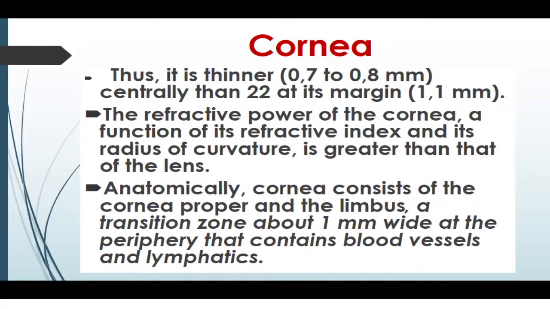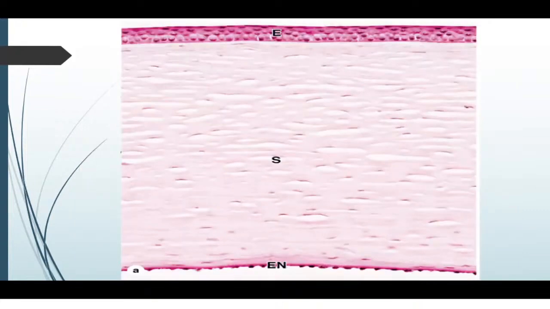Anatomically, the cornea consists of the cornea proper and the limbus, a transitional zone about 1 millimeter wide at the periphery that contains blood vessels and lymphatic vessels. Look at this one. We see here the outermost epithelium of the cornea. Its histological name is stratified squamous non-keratinized epithelium.